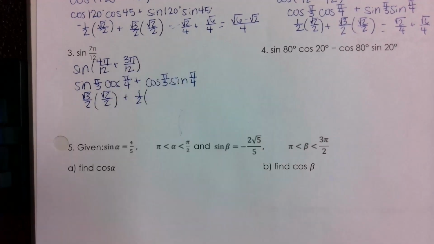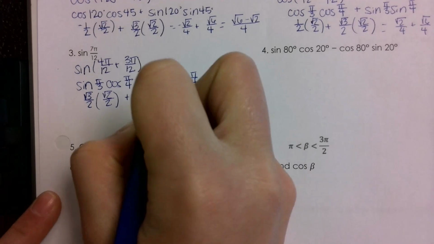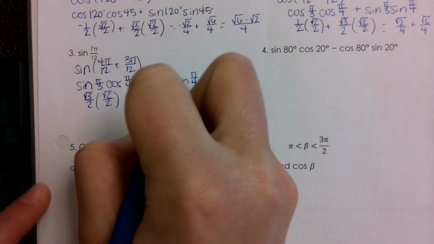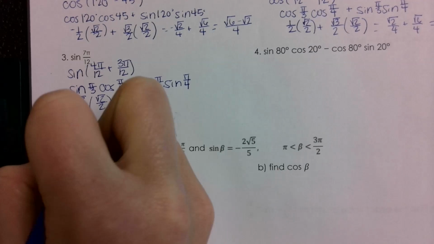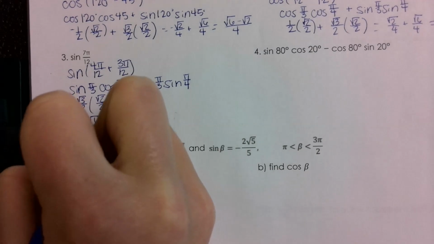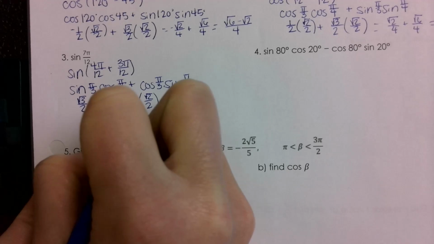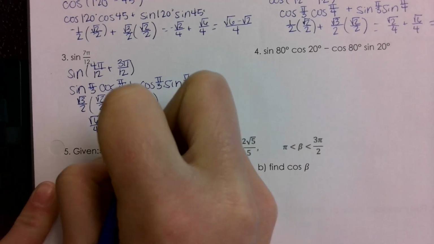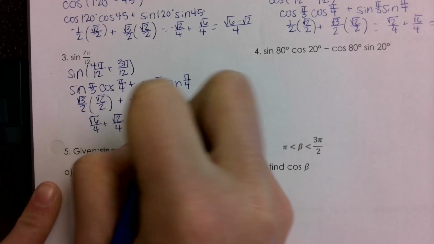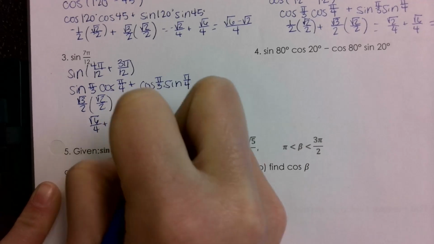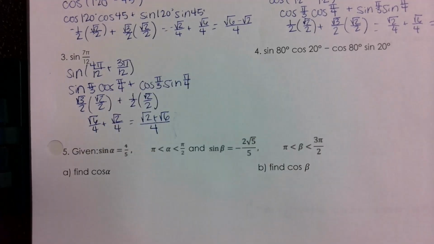And what's sine of pi over 4? Square root 2 over 2. So we'll multiply those out. That's going to give us square root 6 over 4 plus root 2 over 4. Same answer again. Questions on that?